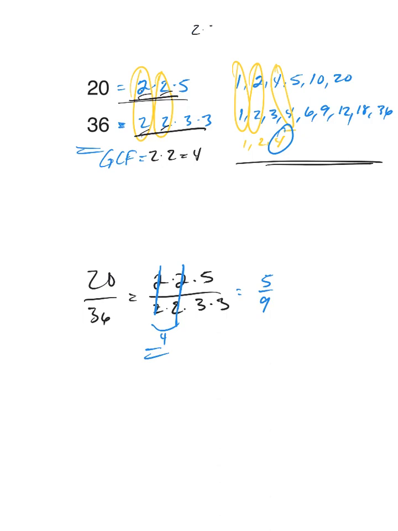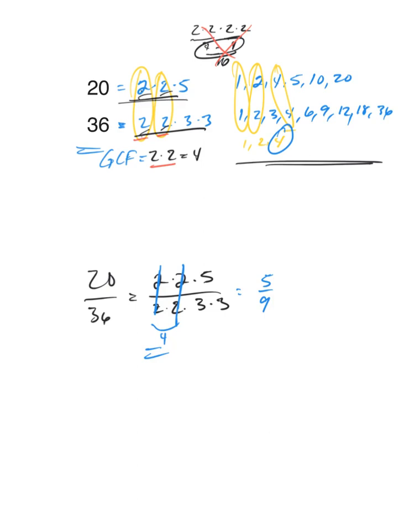But 2 times 2 is 4, 2 times 2 is 4, so 4 times 4 is 16. 16 is not a factor of 20, and it's not a factor of 36. So if you do that, that will be a mistake. All we're looking for is what factors they have in common, multiplying those together, and that gives me the greatest common factor.